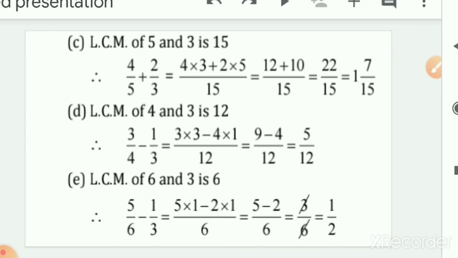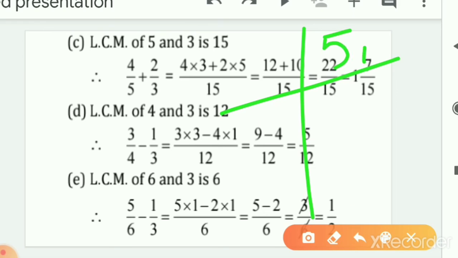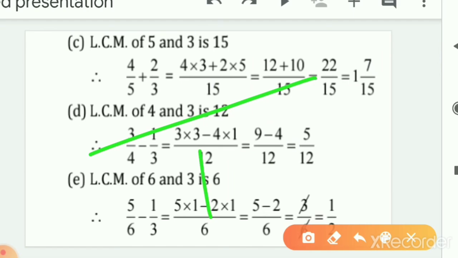Now we have the next question. We have 4 by 5 plus 2 by 3. Take the LCM of 5 and 3. 3 1 ja 3 and 5 1 ja 5. So the LCM of 5 and 3 is 15. So we will write here 15. Now tell me, numerator will come 4 as it is. 4 will be multiplied by 3.